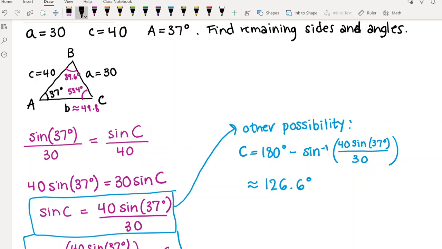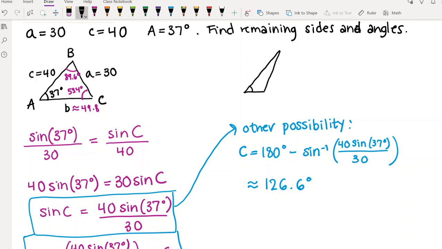Basically, this would be a situation where we would have, again, that same side length, C, and that same angle A that we had in the other picture. But now the difference is that this angle C, instead of being an acute angle, so acute means less than 90 degrees, is now going to be an obtuse angle. So it's going to be bigger than 90 degrees. And so that means that our triangle has to look more like this.